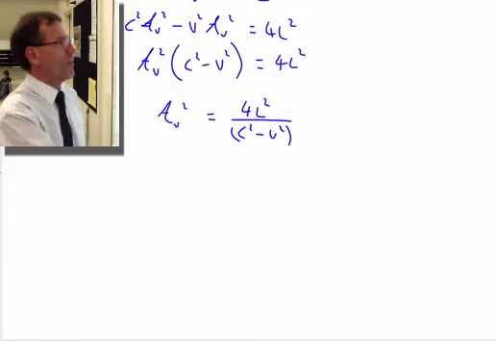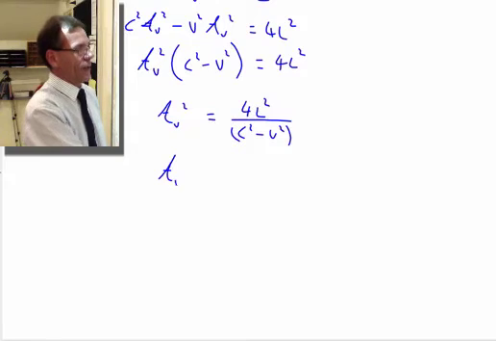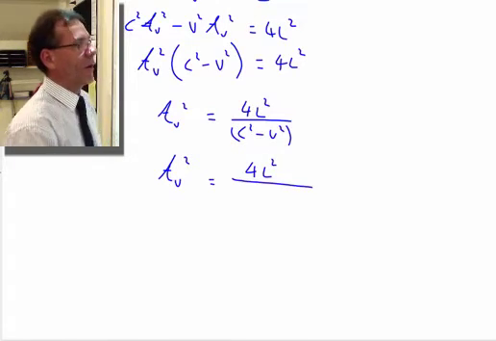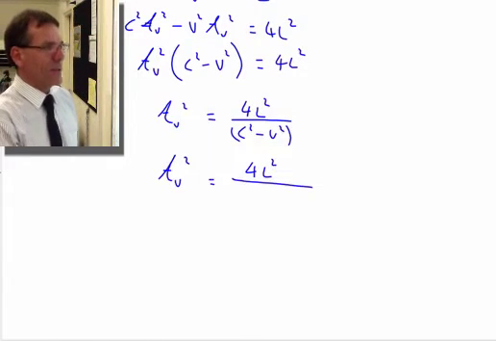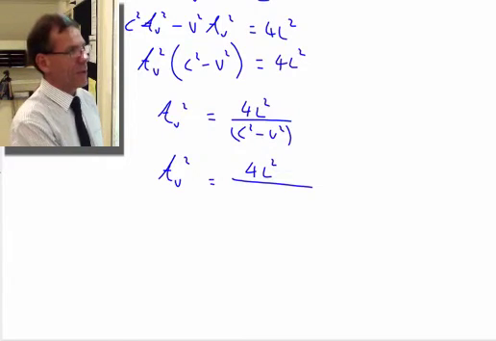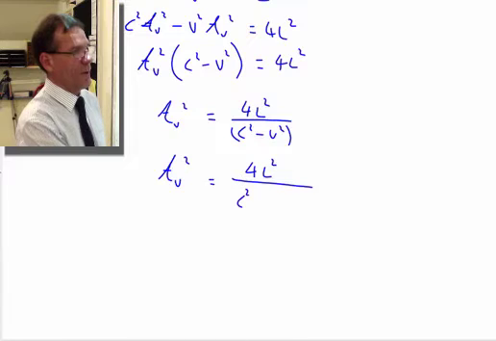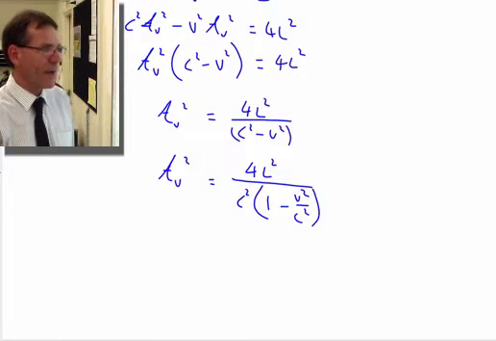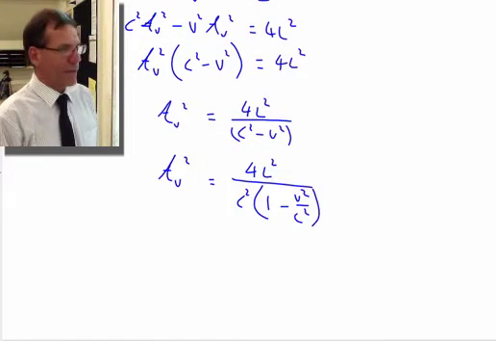But we're going to take out a common factor over the bottom, which doesn't really look like a common factor. It's actually going to make it more complicated. We've got 4L squared on, I'm going to take the C squared term out of this, which is going to give me 1 minus V squared on C squared. Okay, so now we're getting very, very close to here.